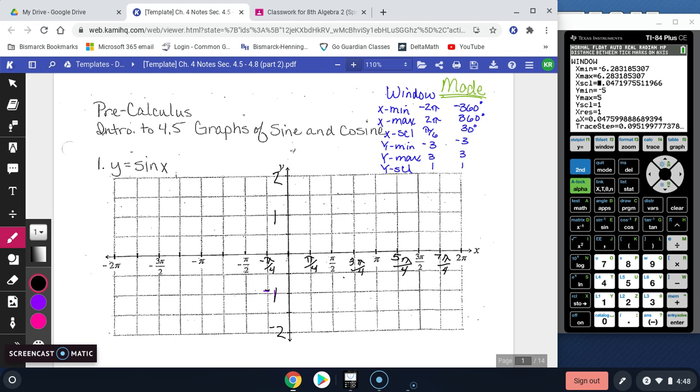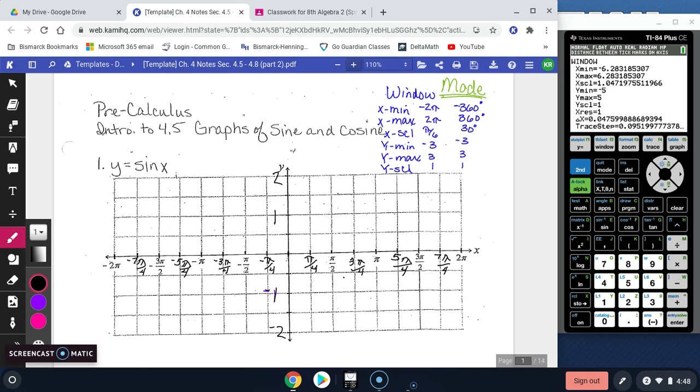You would have the same thing going in the negative direction. So this would be -3 pi over 4, this one would be -5 pi over 4, and -7 pi over 4.